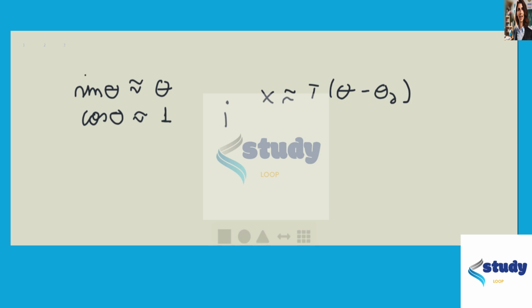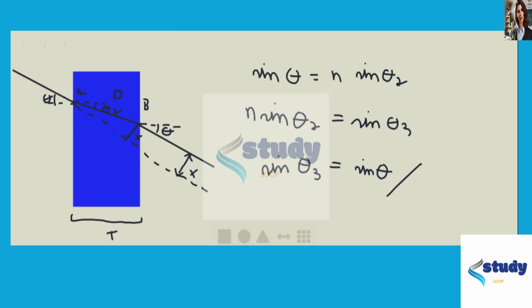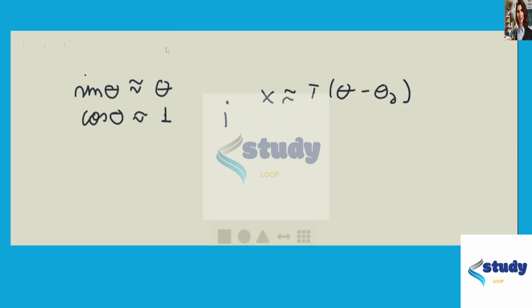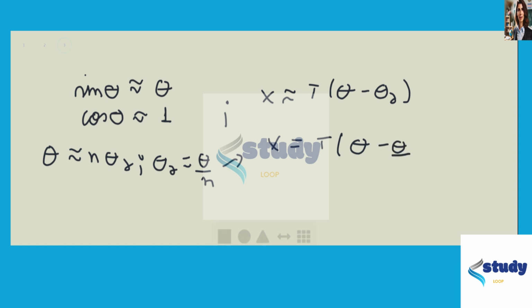But we can use the approximation in the law of refraction here that says that theta is approximately n theta 2. So we can write theta 2 as approximately theta over n. So x, using this here, is t times theta minus theta over n.